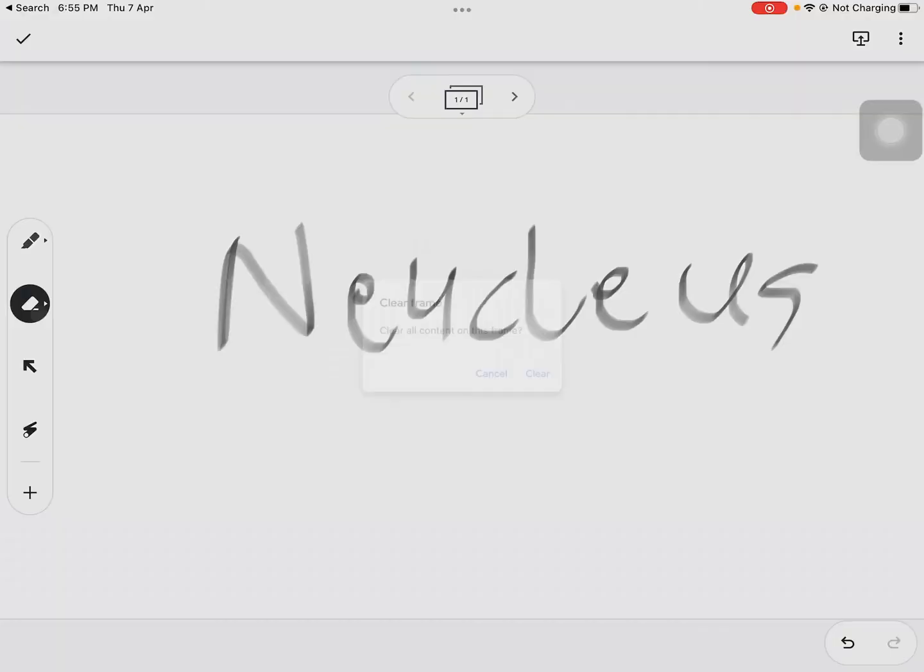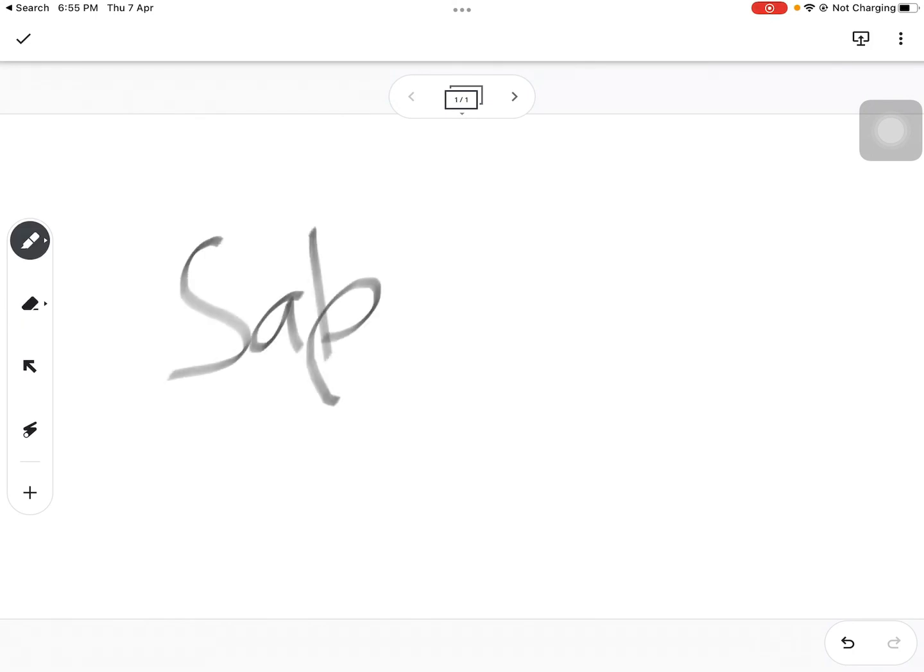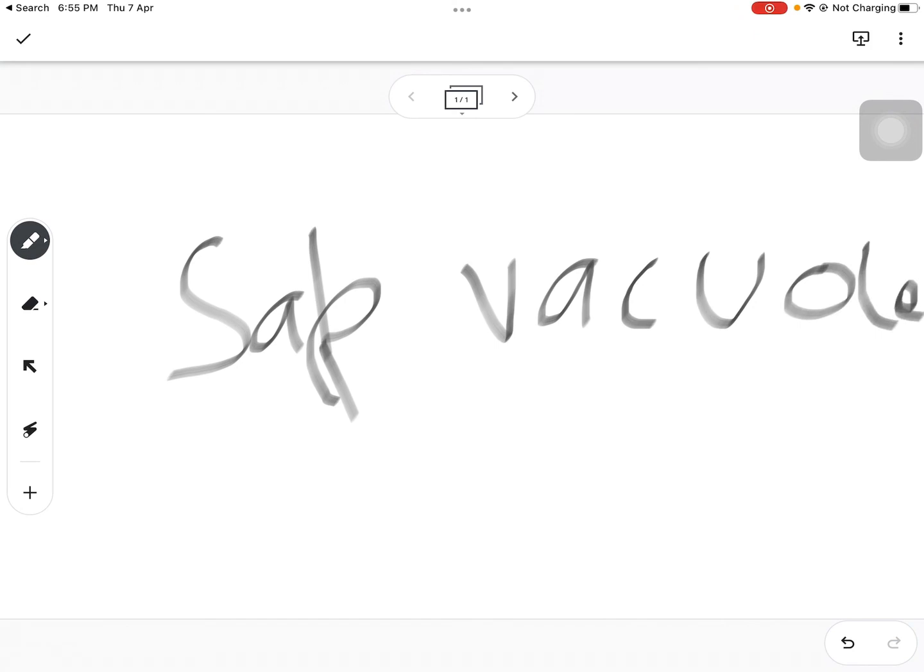And now we will talk about the sap vacuole. It is a large fluid-filled space inside a plant cell.